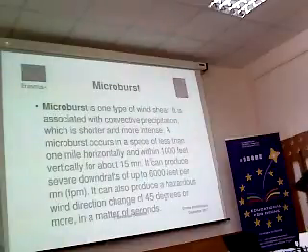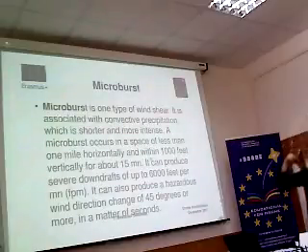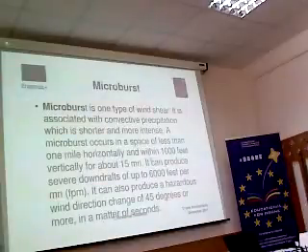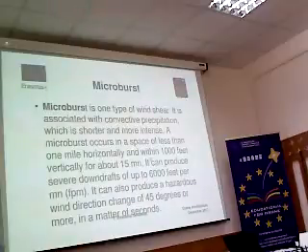It's very small and it can get bigger. The wind speed around a microburst is very fast, and it can destroy everything in its way. So it's really dangerous if our UAV is in the microburst.